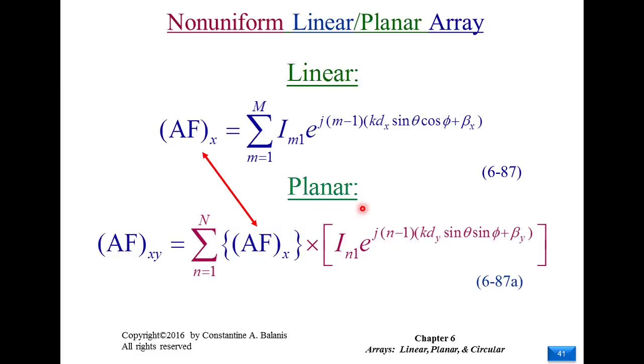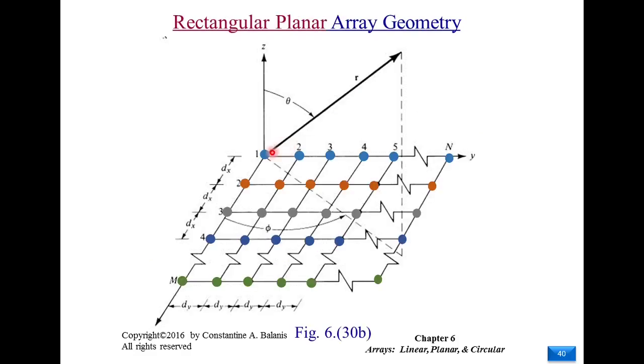So the array factor, for the elements on x, are like 1,1, 2,1, 3,1, and so on, and we have M elements. Here we are talking about the first line along the x-axis, so y equals 1, which is fixed, and the x index is varying: 1,1, 2,1, 3,1, 4,1, up to M,1.